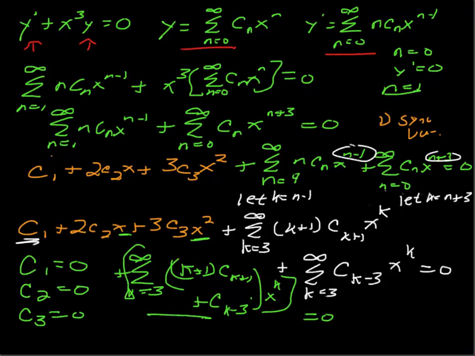So this summation has to be 0, which means this big coefficient has to be 0. I'll write that on the next page. So what we have here is k plus 1 times c sub k plus 1 plus c sub k minus 3 has to equal 0.